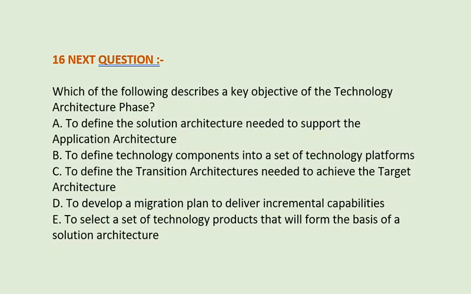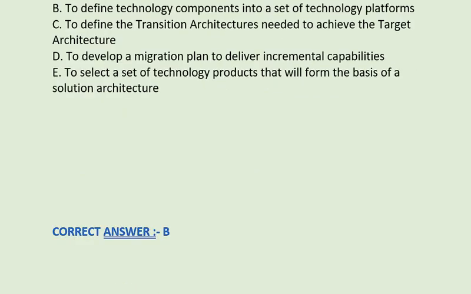Option C, to define the transition architectures needed to achieve the target architecture. Option D, to develop a migration plan to deliver incremental capabilities. Option E, to select a set of technology products that will form the basis of a solution architecture. Correct answer is option B.